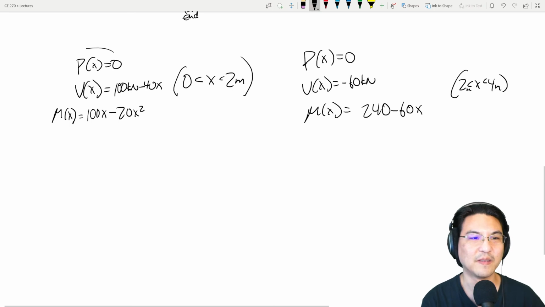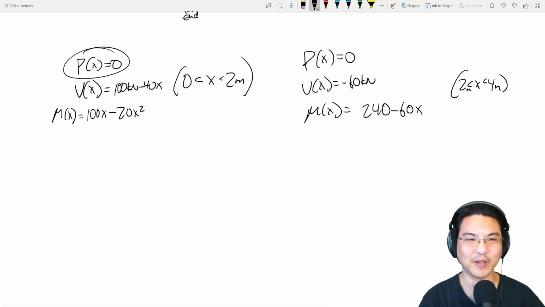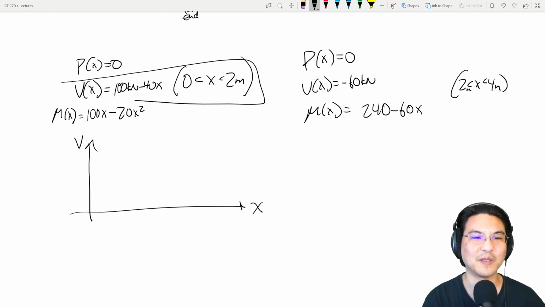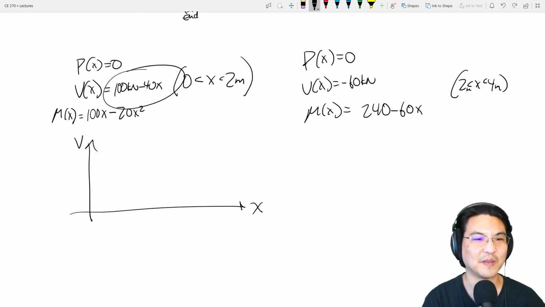All right, so for the axial force, it's just 0 everywhere, so maybe I don't need to graph that. For shear, as a function of x, between 0 and 2, it looks like this. So the y-intercept is 100, and the slope is negative 40. At x equal 2, it's 100 minus 80, so kind of looks like that.